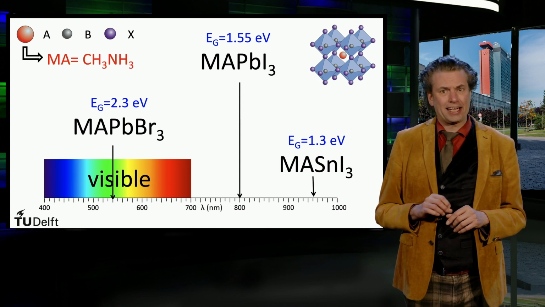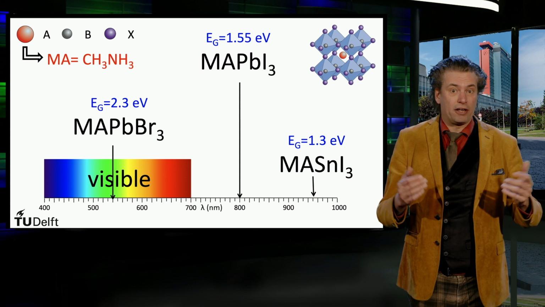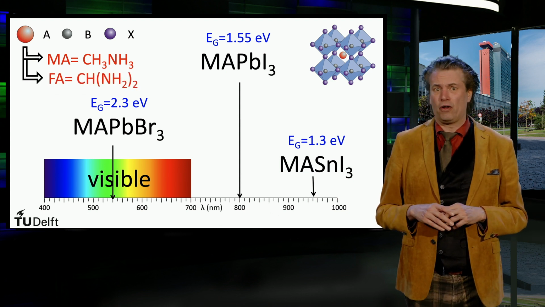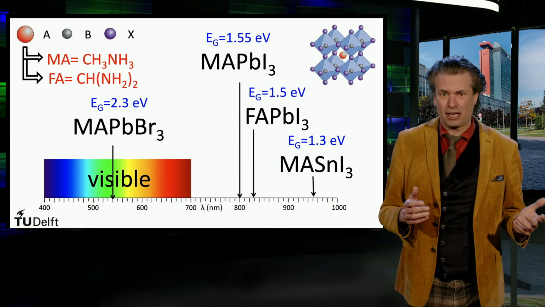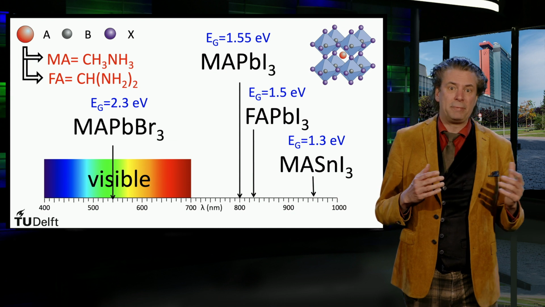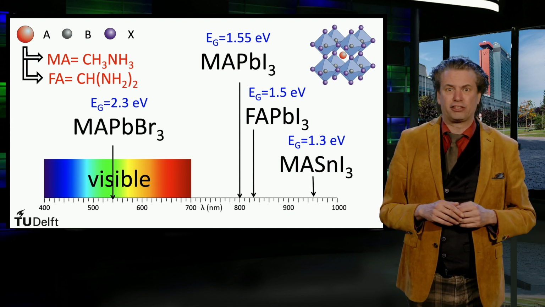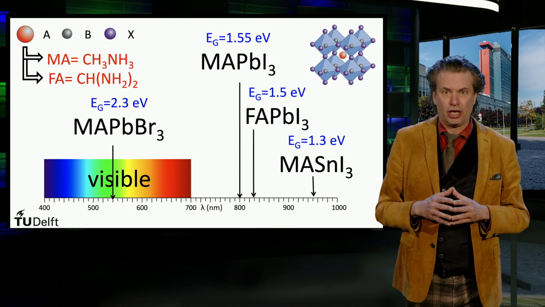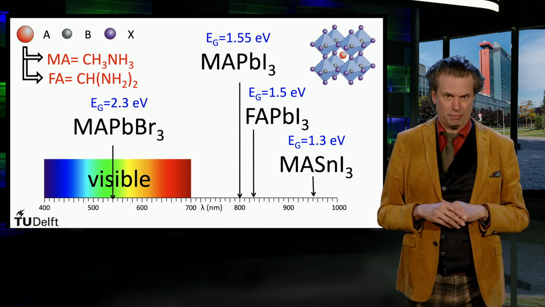The organic cation methylammonium can also be replaced by formamidinium. This has a minor effect on the band gap in reference to methylammonium lead iodide. The band gap of formamidinium lead iodide has a small redshift. Its value is in the order of 1.5 electron volt, which corresponds to a wavelength of around 827 nanometers.